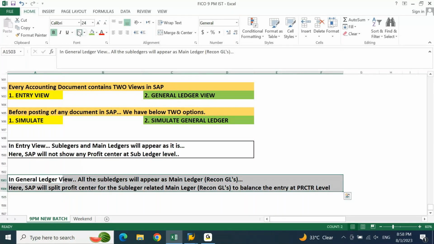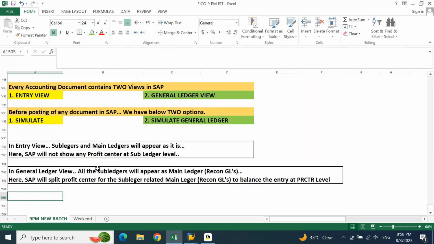Here your splitting will come into the picture. I'm writing in simple terminology. I'm not writing anything in technical words. I'm writing only in basic simple words so that you will understand and read it in the same way.